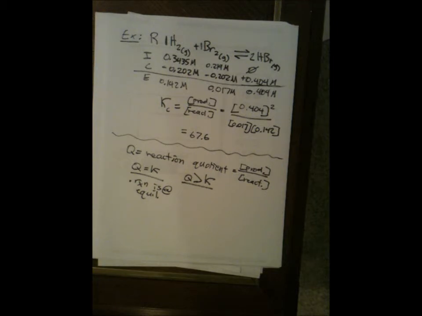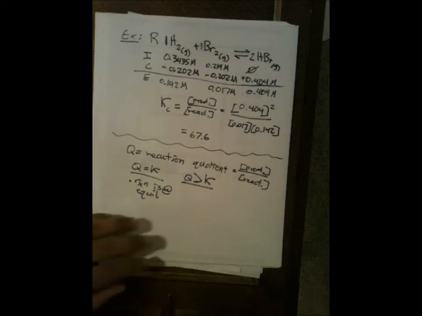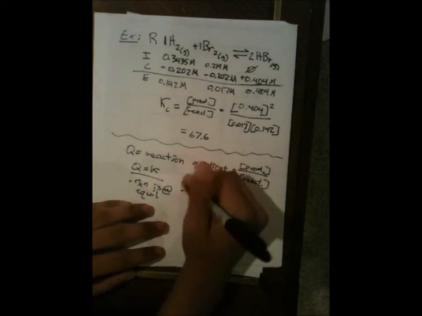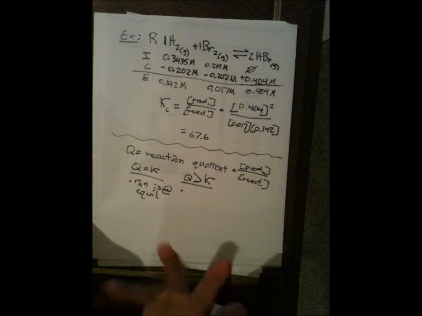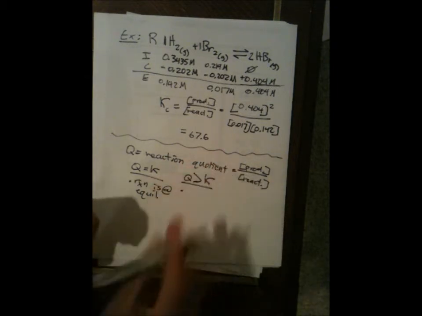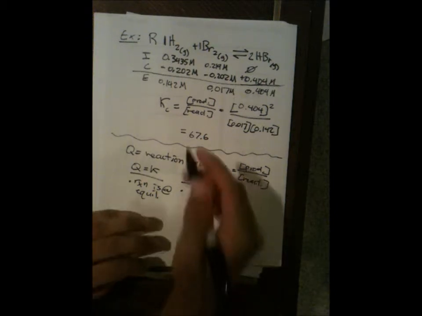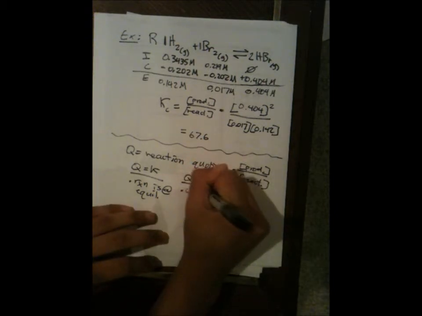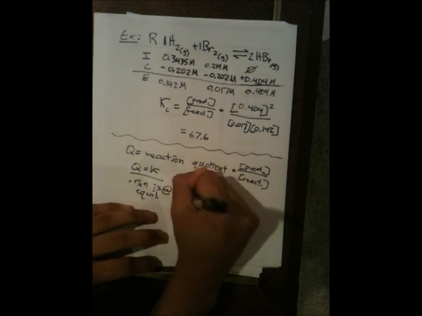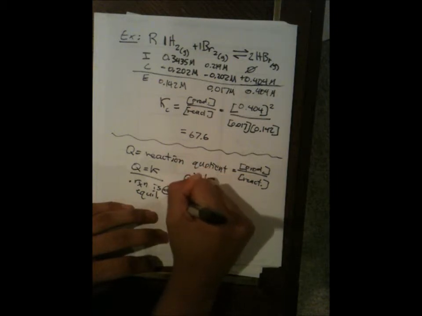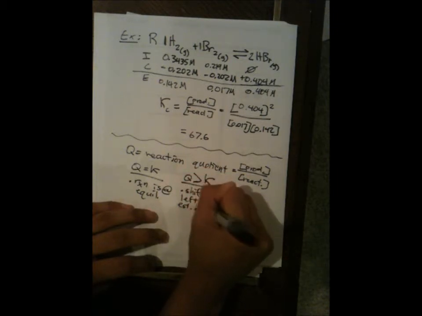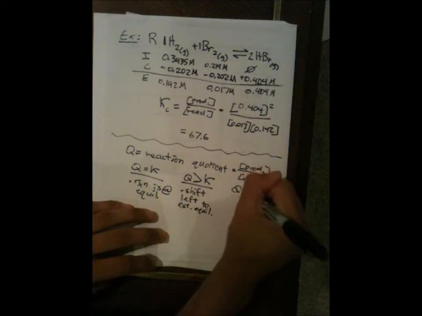And to compensate for that, you have to shift left to establish equilibrium. So shift left so you can gain more reactants to compensate for the increase in products.